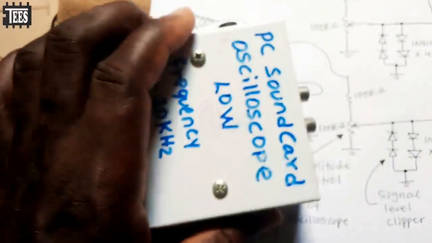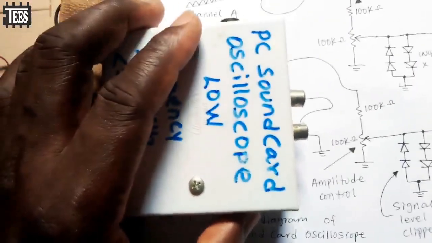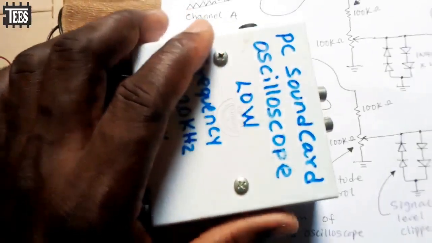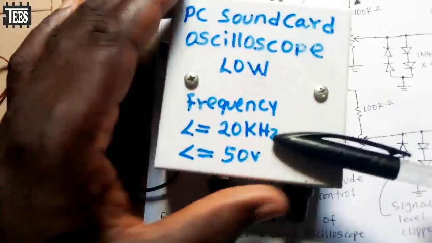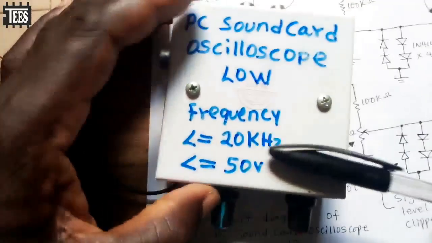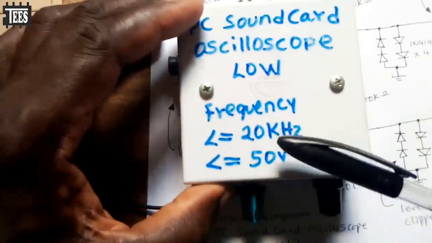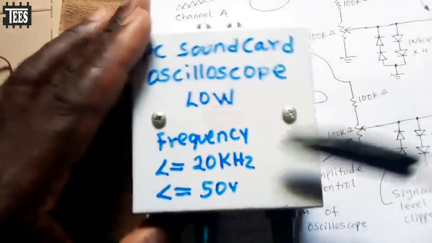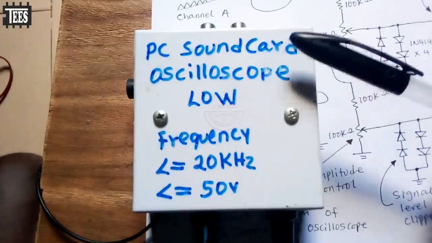For example, now you want to view PWM signals from your DC motor controller. You can use this. It does that very well. Just like I've stated here, the limit of this is less than or equal to 20 kilohertz. Anything above 20 kilohertz, most computer sound cards wouldn't be able to display correctly on the scope.